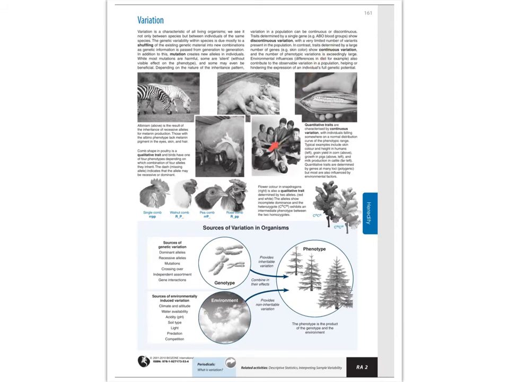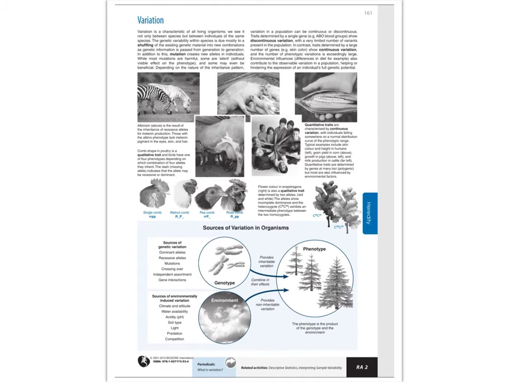Something like skin color variation is going to be slightly different all across the area. So you're not going to have a black or white. That would be discontinuous. A continuous change would be a little darker, a little darker, a little darker. So when you have a gradient of change, then you have a continuous variation. In other words, the differences just keep changing over time. This is discontinuous here. You have either this striping or you have albino, right? This is also discontinuous variation, right?